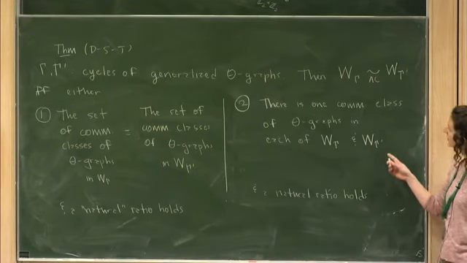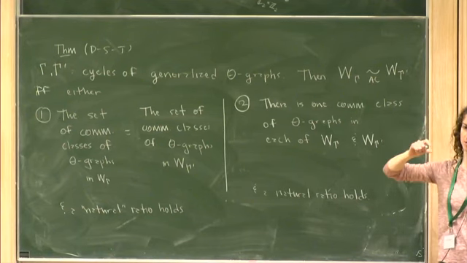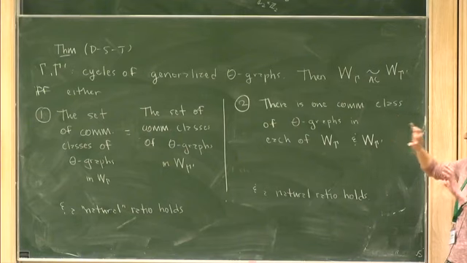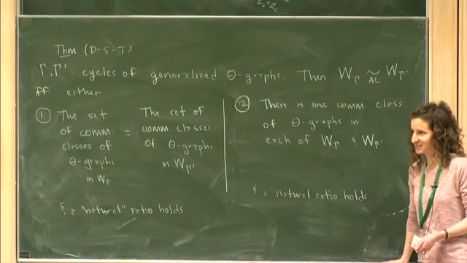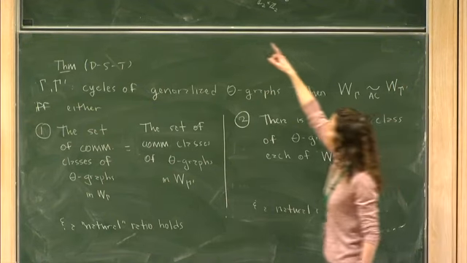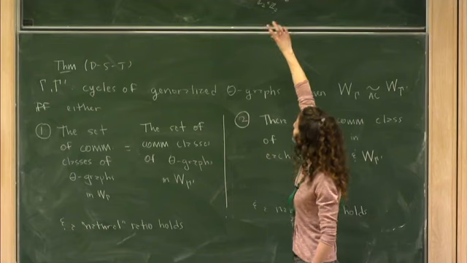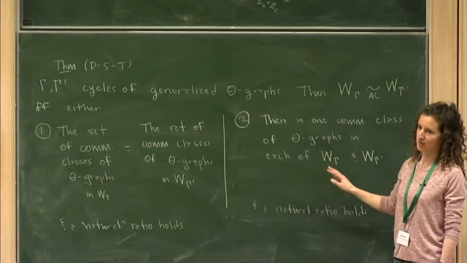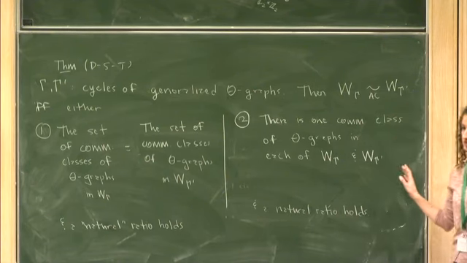So in this case, this happens exactly if you have generalized theta graphs with the same number of vertices, or the same number of paths, and there's one commensurability class for each of the two groups. They don't have to match. And a simple situation is that you have exactly the same theta graph in each of your graphs in your cycle, and then your JSJ graph has a symmetry about the center vertex, in a sense. So these are exactly the groups that are commensurable to the right-angle Coxeter groups with JSJ graph of diameter 2. It's the second situation.